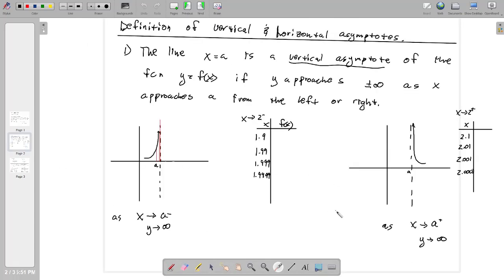So pause the video and take a second to think about this. The answer is actually infinitely many. For instance, when you take the trig class, you'll see that tangent and secant and cosecant have infinitely many vertical asymptotes. So we can have as many vertical asymptotes as we want.